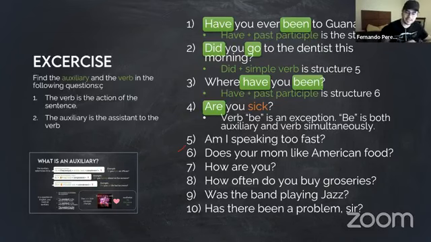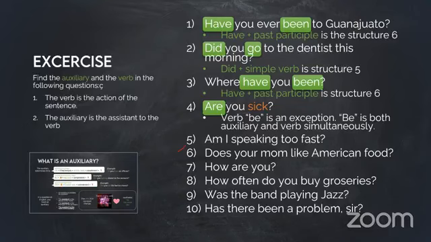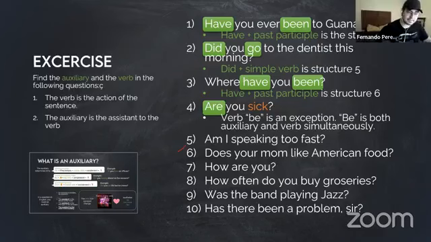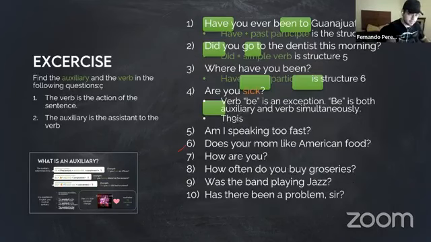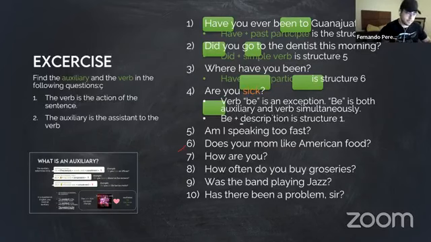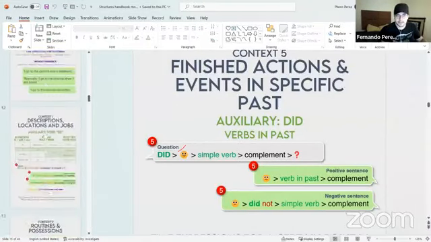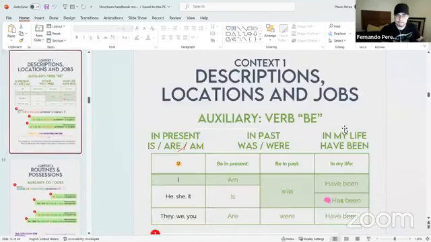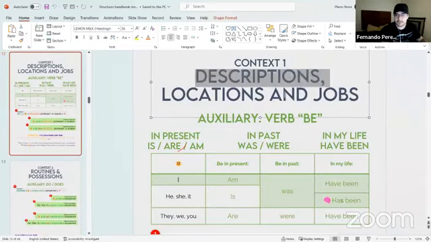Verb be is an auxiliary and it's a verb. Okay. This particular structure, be plus description, is structure number 1. Observe. We go to number 1. Descriptions, locations, and jobs.